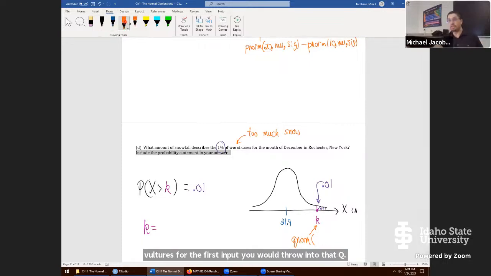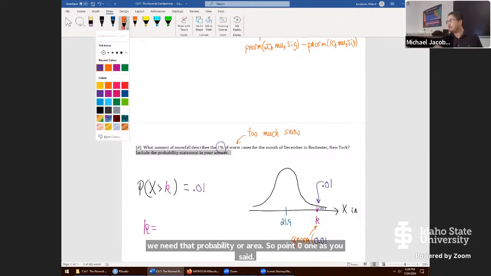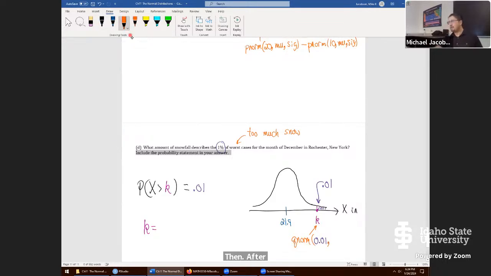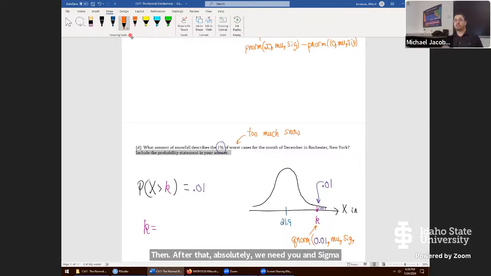Exactly, we need that probability or area. So 0.01, as you said. Then after that, absolutely, we need mu and sigma.